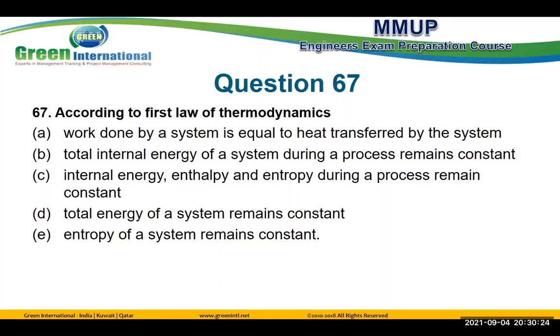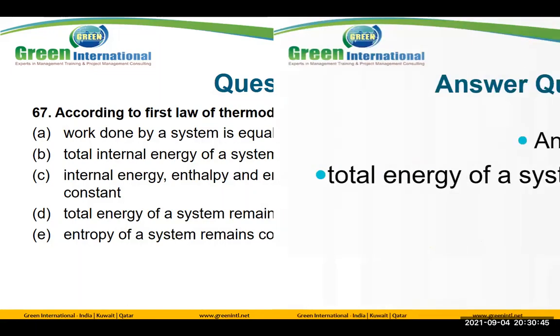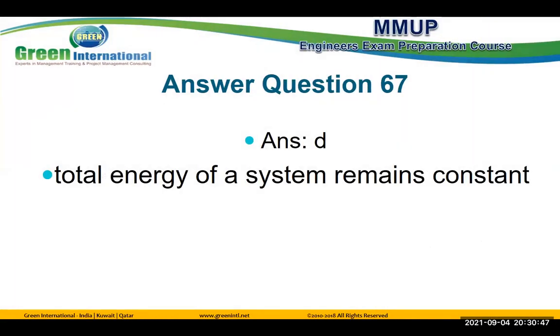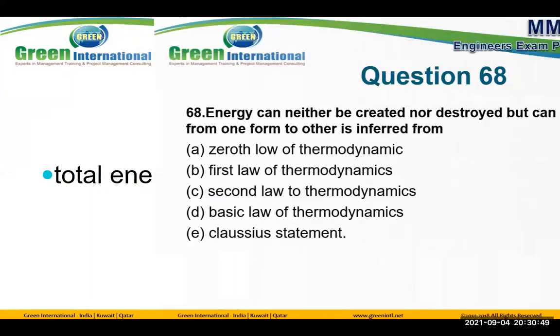According to the first law of thermodynamics, the total energy, the internal energy of the system during the process remains constant. Total energy of a system remains constant. Answer is B.